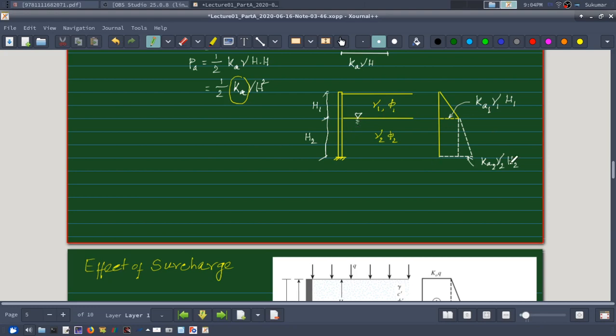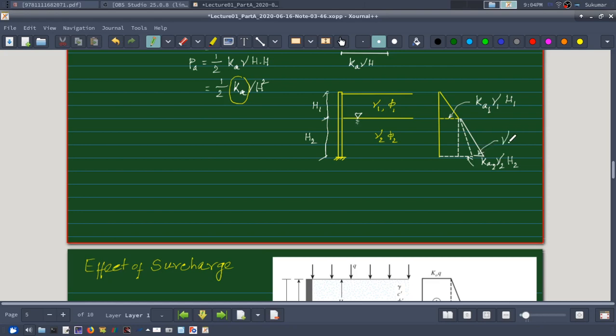All right, in that case I will have another part due to water pressure, which will be 0 here, and which will be equal to, now this much will be how much?